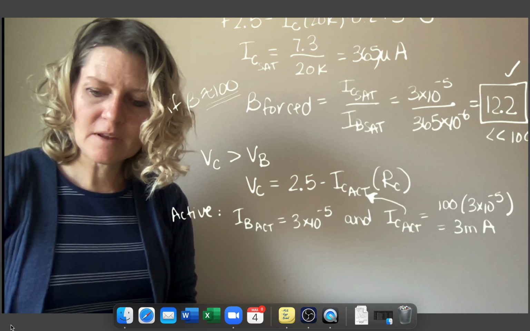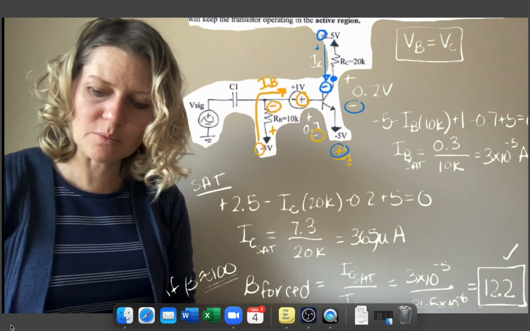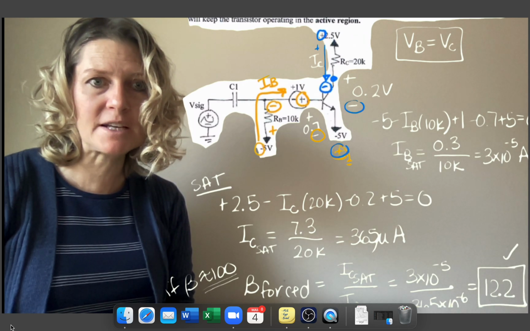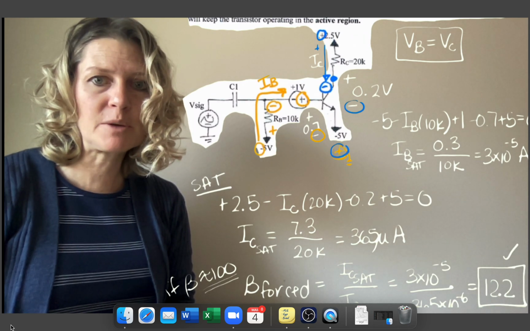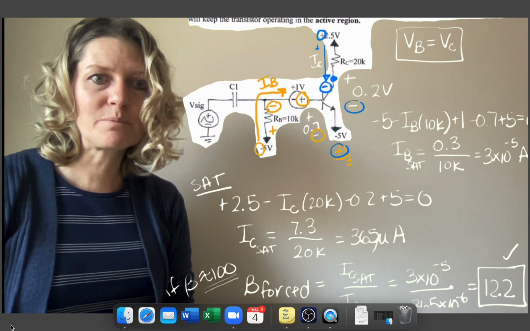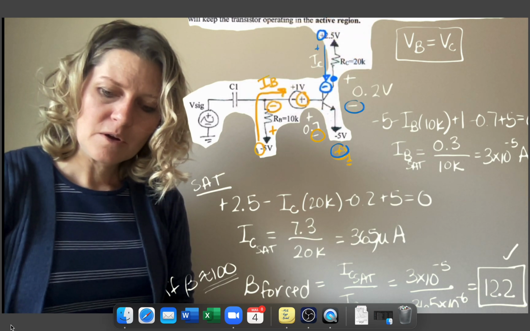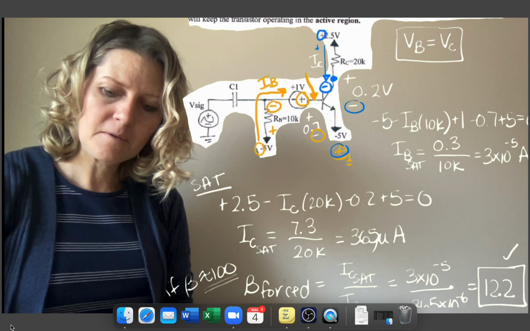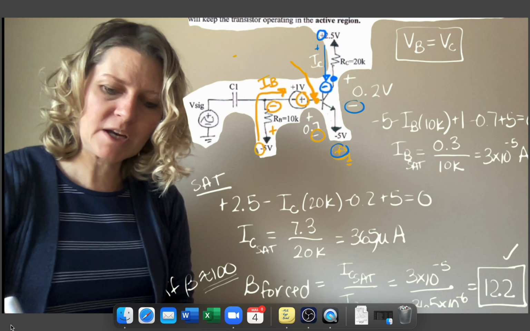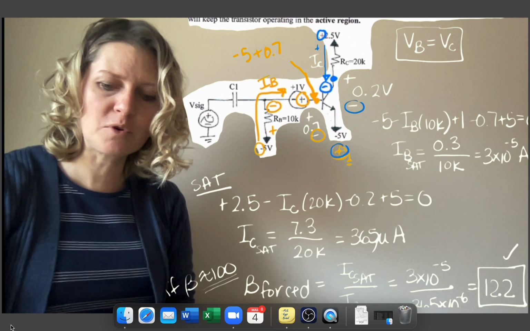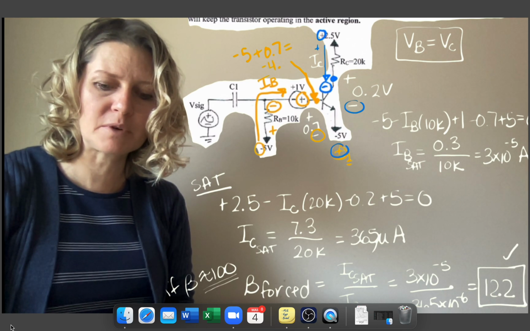So now from here, I can plug that in for this IC active, and we can solve for RC. VB is going to be the voltage, and we know VE is already set at minus 5, and so VB will be minus 5 plus 0.7 for a value of minus 4.3.